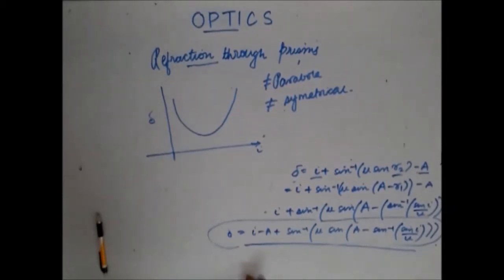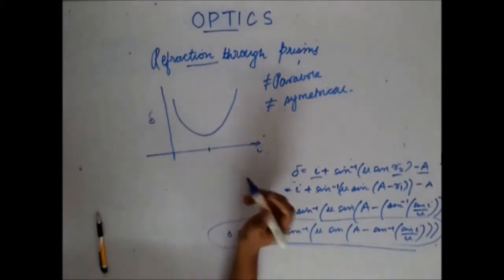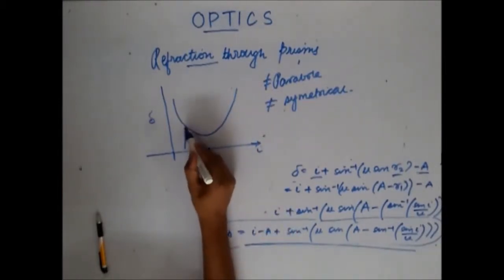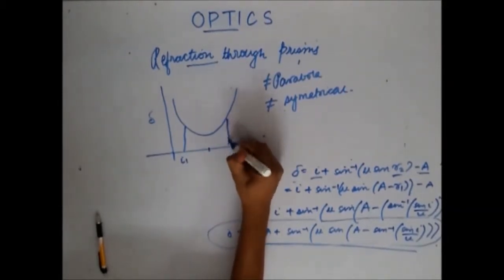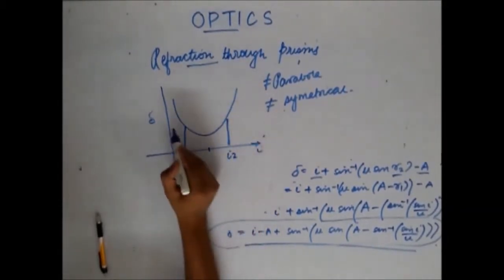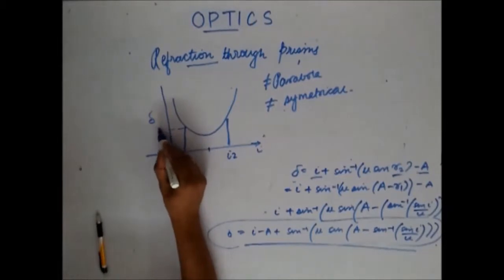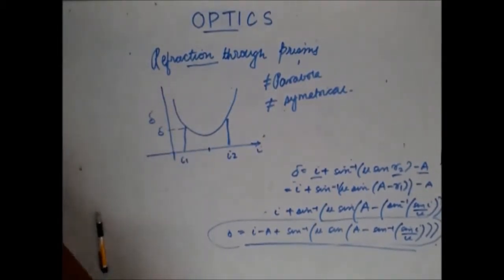One other thing to note in this curve is that for two angles of incidence, I1 and I2, the angle of deviation is the same.